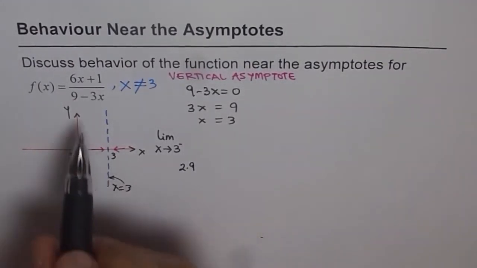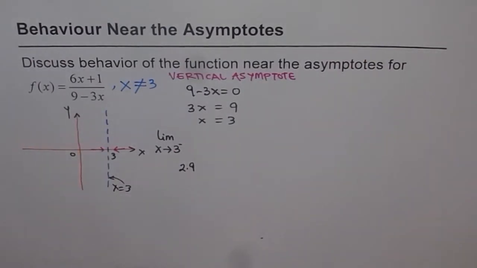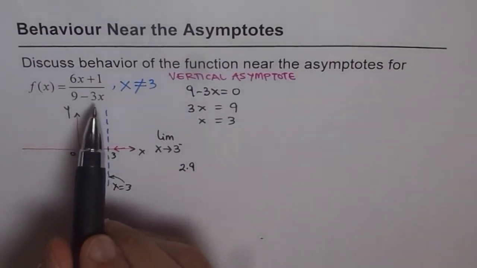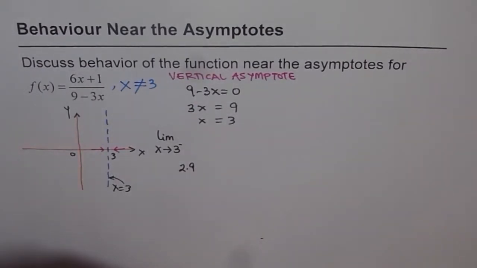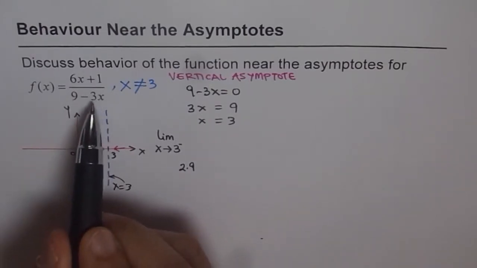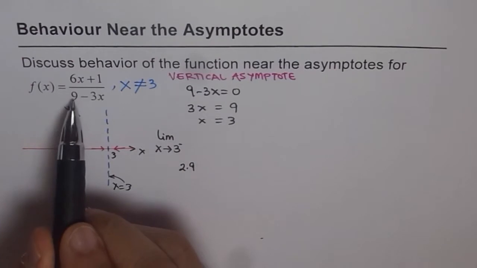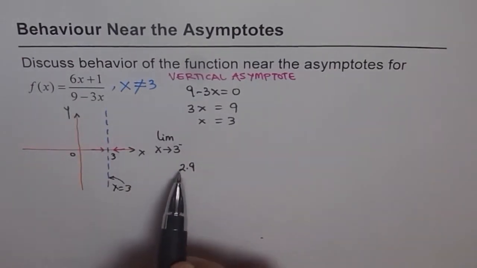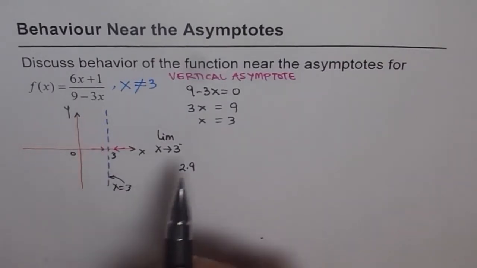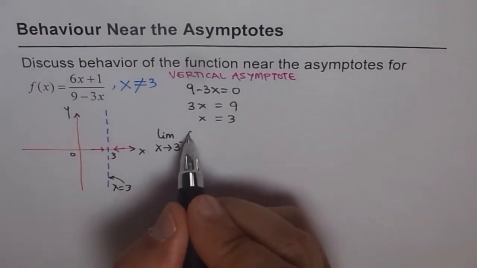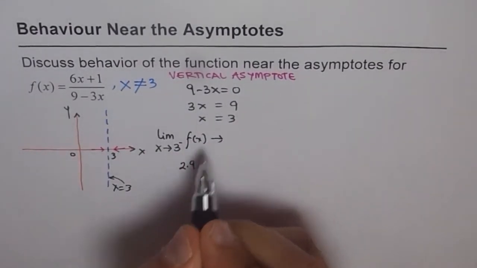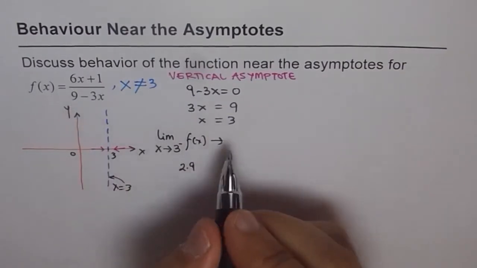If I plug in 2.9, do I get positive infinity or negative infinity? This is the question to be answered. If I write 3 here, then 3 times 3 is 9, and 9 minus 9 will be 0. But if I write a number less than 3, let's say 2.9, then 3 times 2.9 is going to be less than 9, right? So our function f of x at this instance will approach positive infinity.